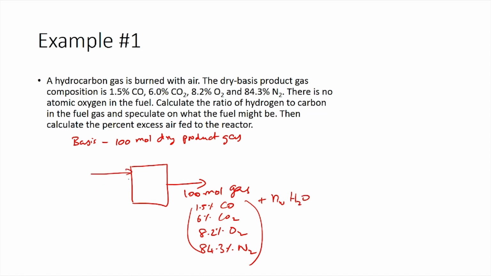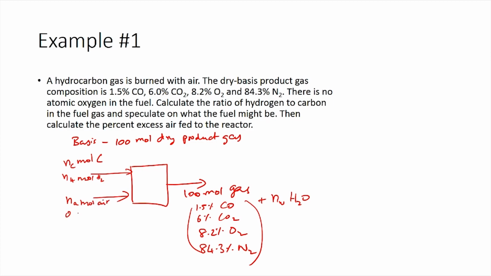So you would have two inputs, one being the fuel and the other being air which is supplied for burning the fuel. So the fuel would contain NC moles of carbon and NH moles of hydrogen. So it has been mentioned that it is a hydrocarbon gas and it does not contain any oxygen in the fuel gas, which means you have only carbon and hydrogen which have been represented here. So you have air which is supplied as Na moles of air.